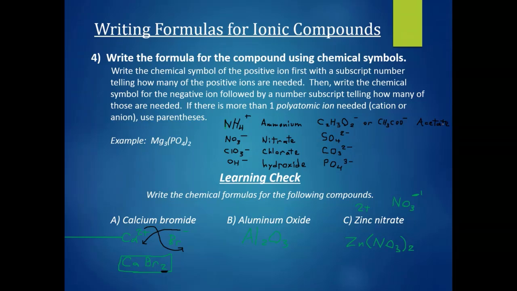That's a -1. And then the sulfate, -2. So most of these are -1. You have 1 plus 1. You have 2 minus 2s, sulfate and carbonate. And then you have phosphate, PO4 3 minus, phosphate.